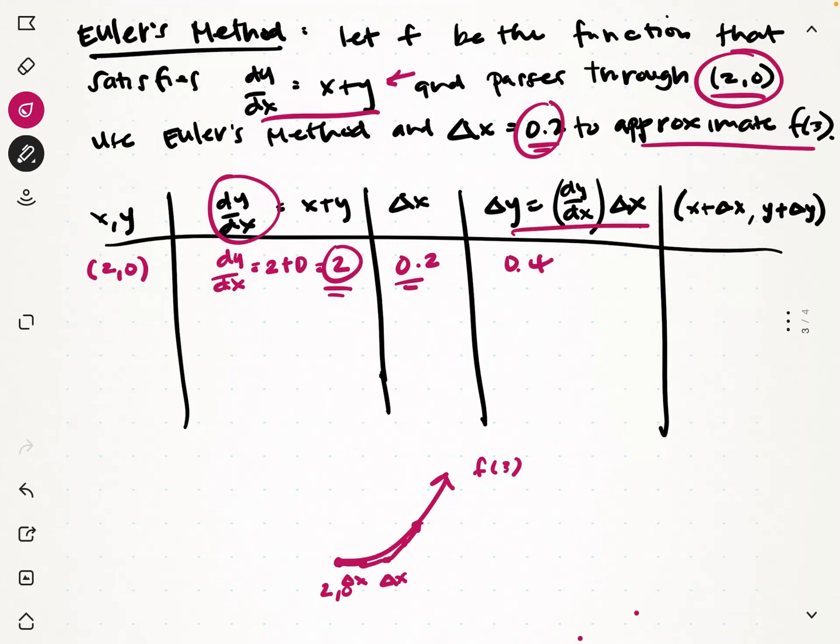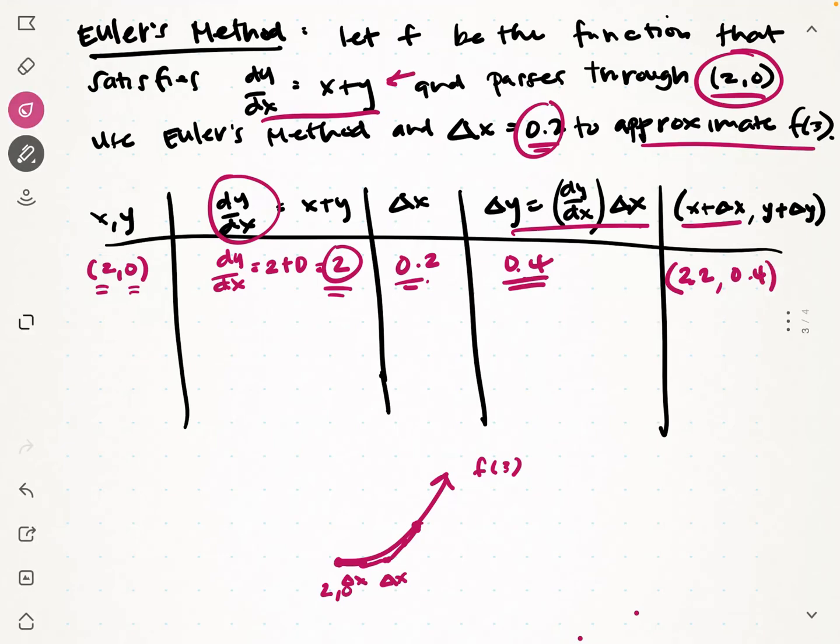And then the last step is x plus delta x. So our x is 2 plus delta x, 0.2, so that's 2.2. And then y plus delta y is 0 plus, we found delta y in the fourth column, 0.4. So 0 plus 0.4 is 0.4.